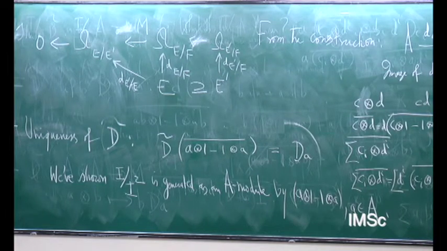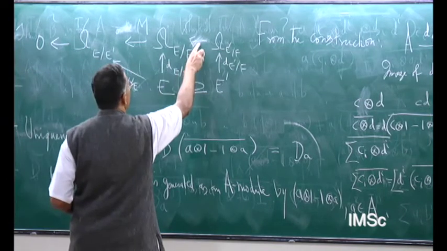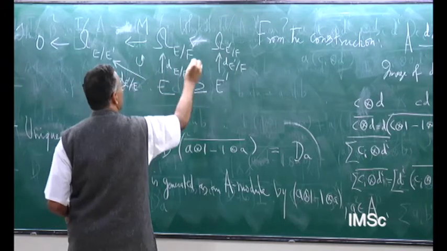Yes, it is an E module, even an E module. Therefore, in particular, it's an E prime module. So we have these natural maps here, which make this diagram commute.